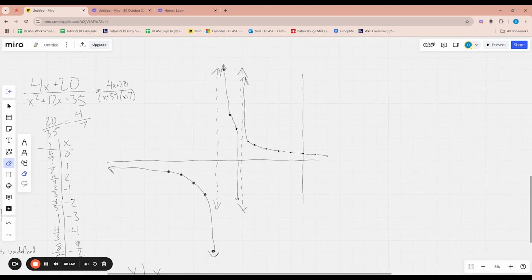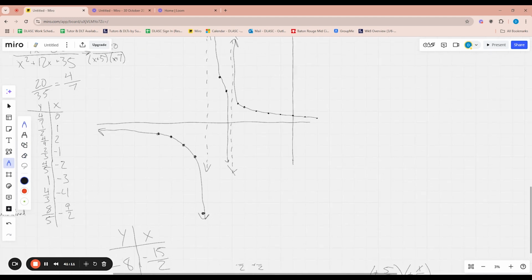And that is essentially what asymptotes are. Asymptotes are places where the function is undefined and where you cannot map a value onto, but it defines where, whenever you're graphing it, these pieces of your function will move towards infinity or negative infinity. So here, this moves towards infinity.